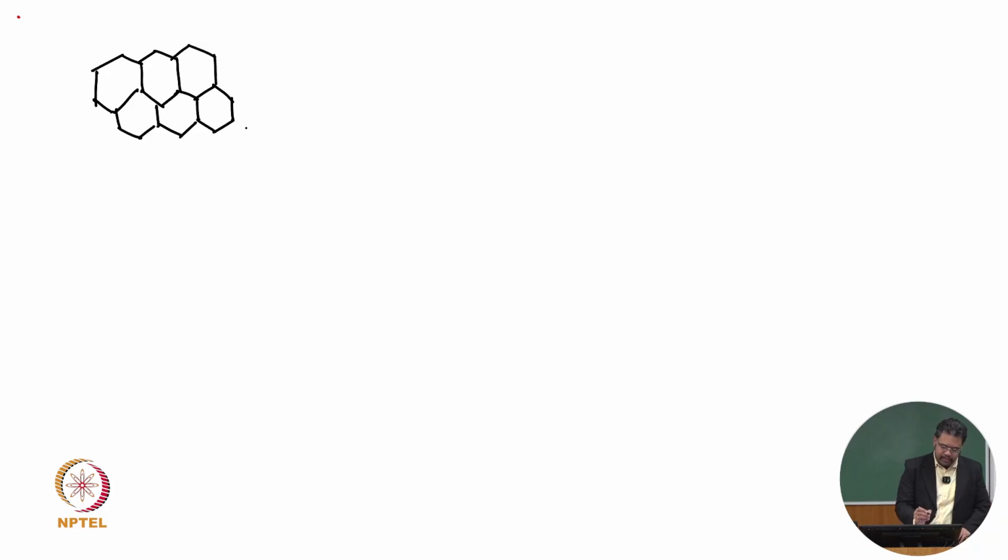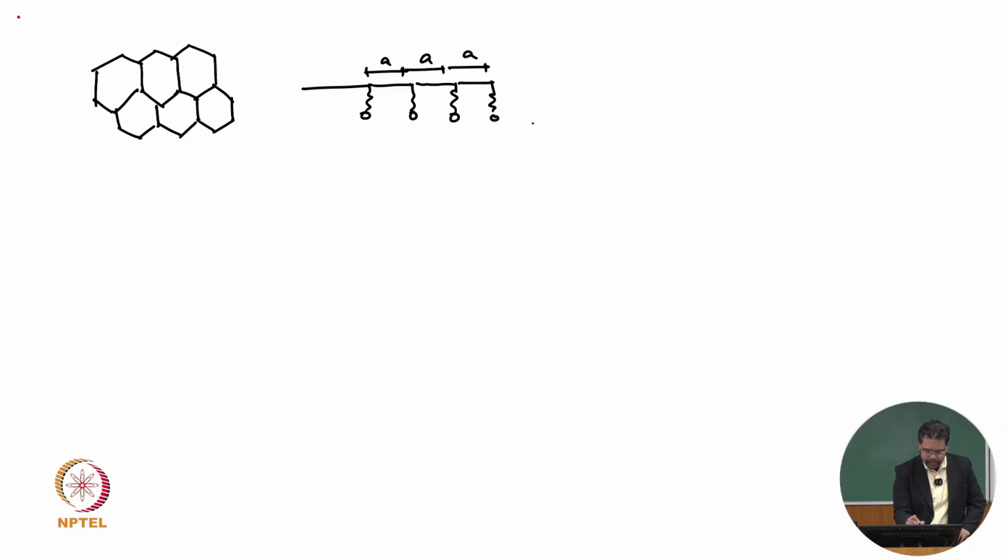We can also think of a beam with resonators, meaning spring masses attached periodically, after a certain distance. Or maybe a beam with supports which are also periodically placed. So we can think of these different types of structures.